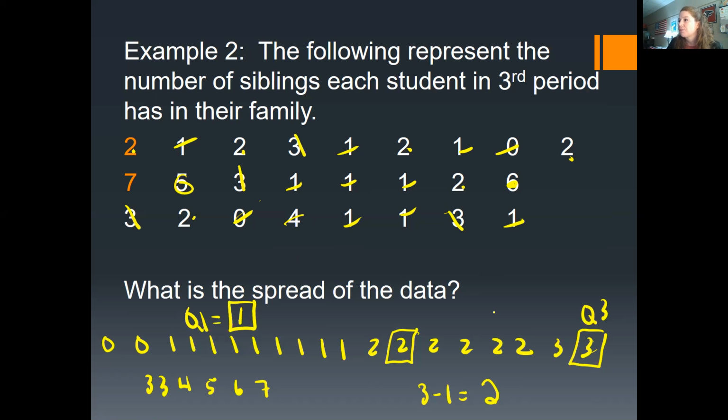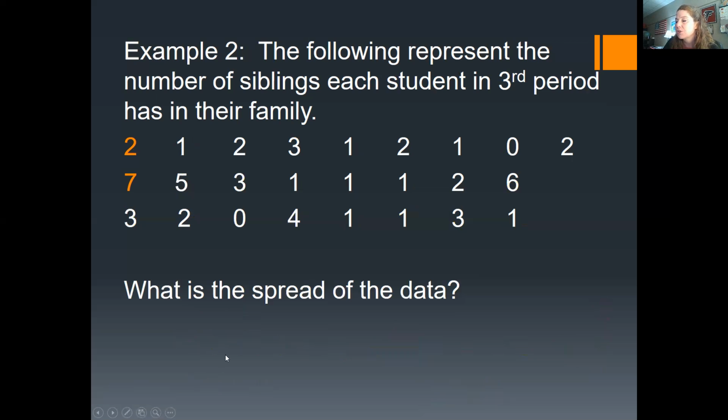So I am going to jot this down so now we can make our box and whisker plot. So Q1 is 1, Q3 is 3, and our median is 2. All right, I'm gonna get rid of all this stuff, you guys. Bear with me. Hopefully you're going along with me. You're not just watching me.